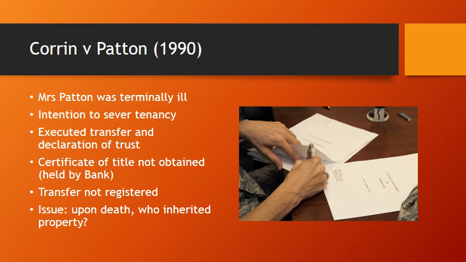Now, they didn't do that, and this was key in this case. And the court had to weigh up, well, not getting the certificate of title, does that mean that Mrs. Patton, through her solicitor, had done everything that she could have in the course of the dealing to actually sever the joint tenancy relationship that she had with her husband?